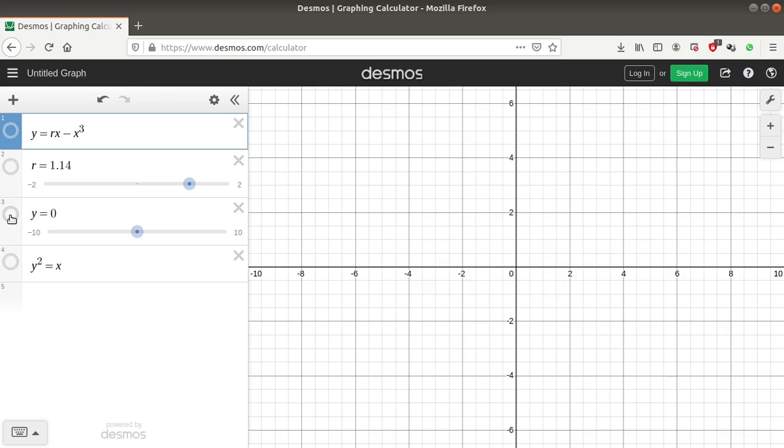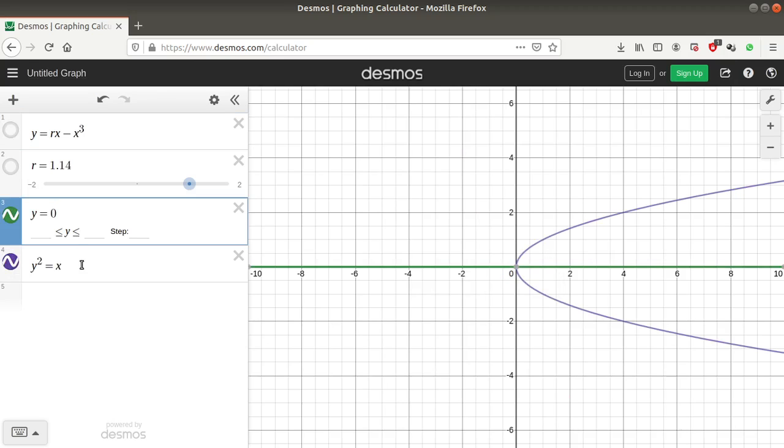If I plot, what do I get? One is this line, which is x star equals 0. Another is this curve, x star square equals r, x star equals plus or minus root r. So this is the bifurcation diagram for the pitchfork bifurcation.